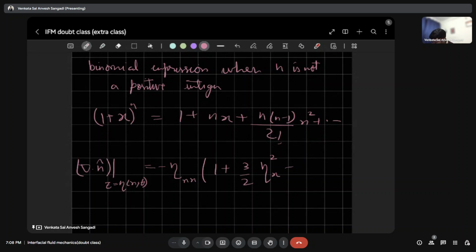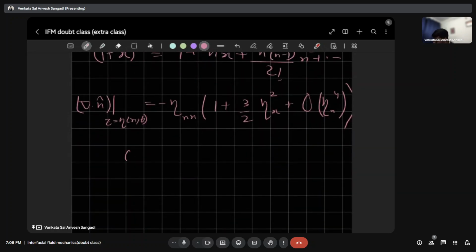The higher order terms come later. The leading order is just eta xx.